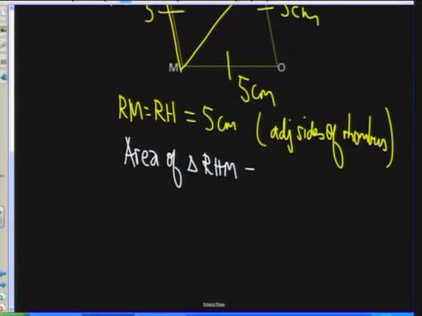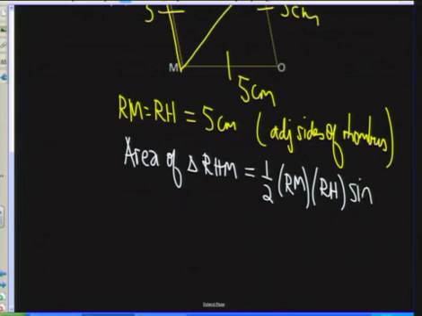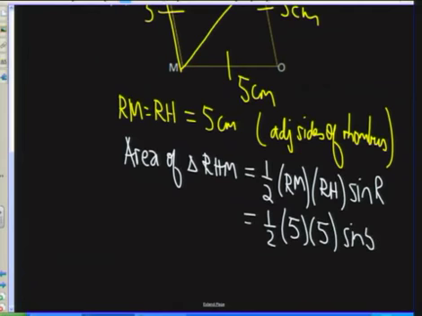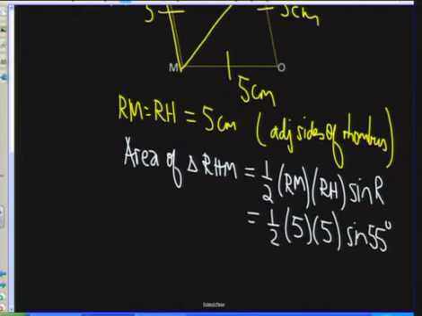We need half of RM multiplied by RH multiplied by the sine of the included angle, which is R. So substituting in, a half, each side is 5, and it's the sine of 55 degrees.